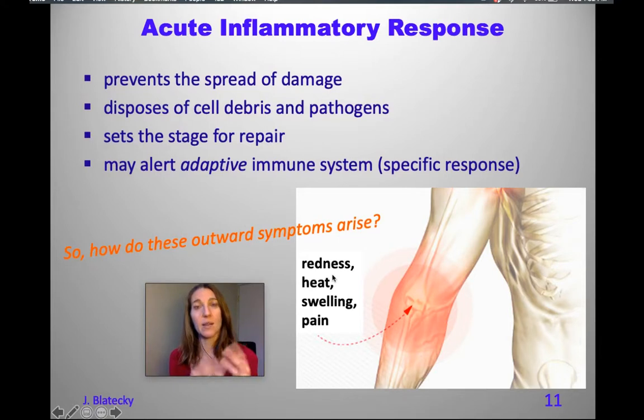And if you only think about that process that I just showed with increased capillary permeability, that explains a number of these cardinal symptoms right off the bat. So with increased capillary permeability, you're going to have more blood reaching the site of injury, which is going to cause redness. It's also going to cause heat, right?